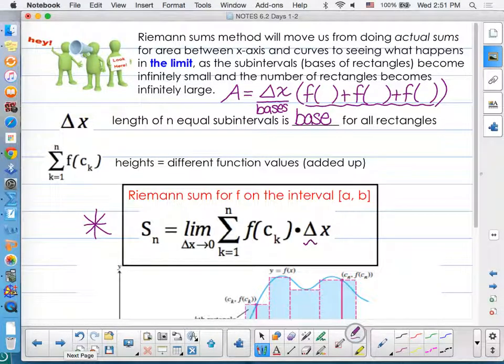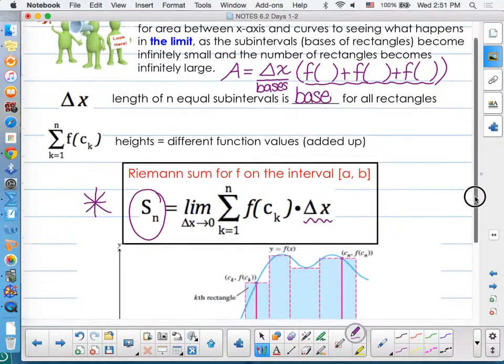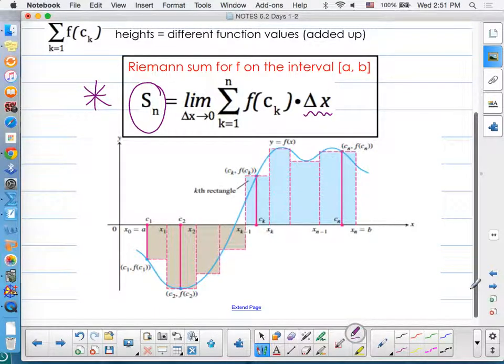Right here, these are your base values. These are the sum of all your heights. So he said the limit when those intervals in between, the lengths of the bases, get so small that we end up with a lot of tiny rectangles to fit that curve is this sum that he's talking about. The graph underneath just lets you see some more of that notation. And if you want to pause here and compare so that you can see that those c sub k's are just the different intervals.